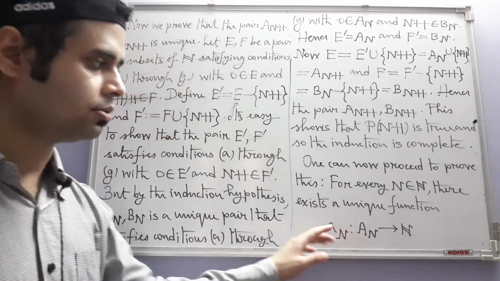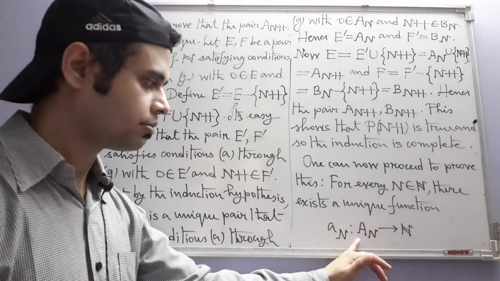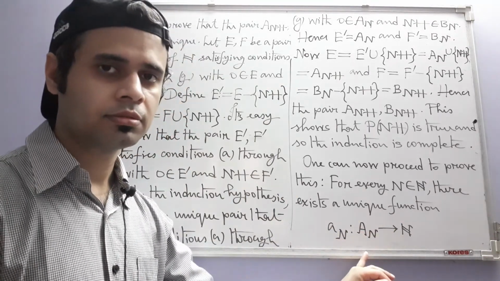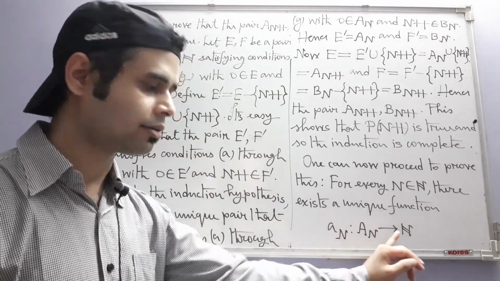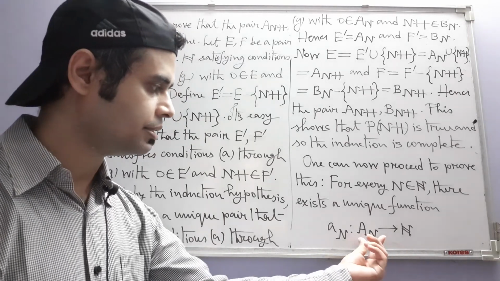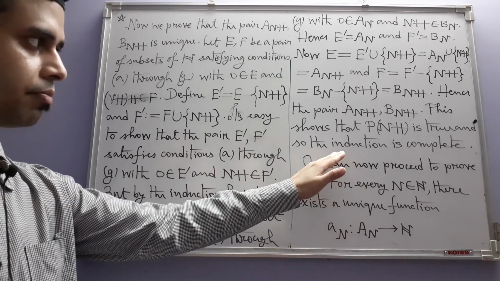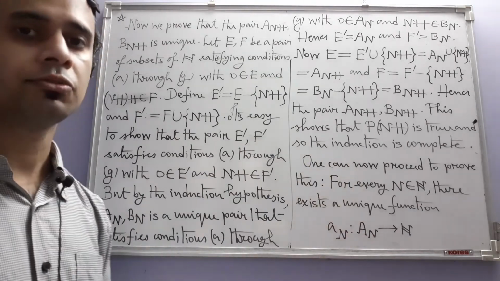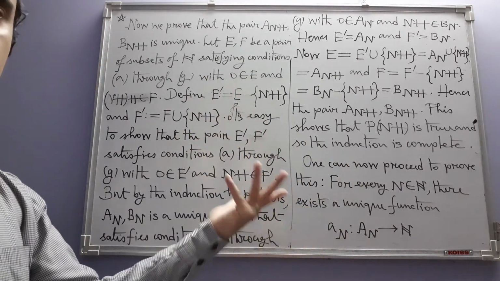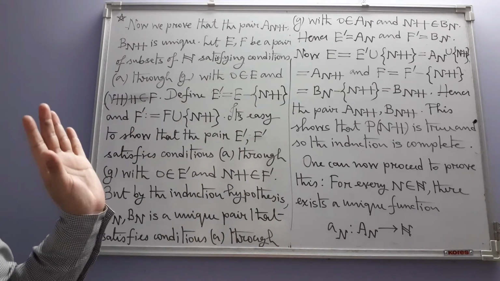We were asked to replace the domain of an that was originally given by these sets An, which has nothing related to ordering of natural numbers, because order, addition, multiplication, those things are not available to us.